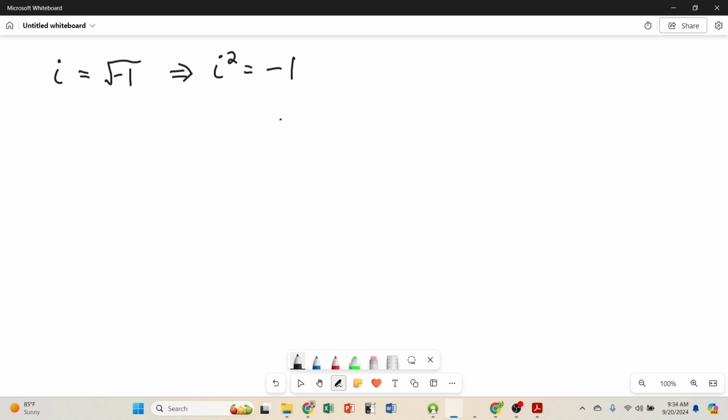So what this allows us to do is to factor out I and then solve for square roots. Again, this is called the imaginary unit.